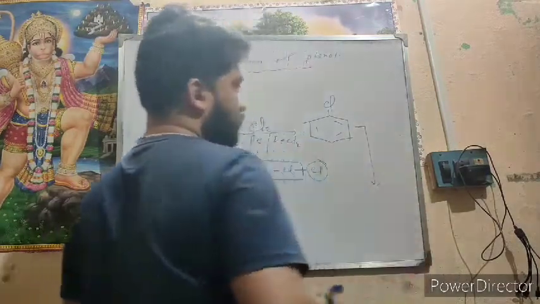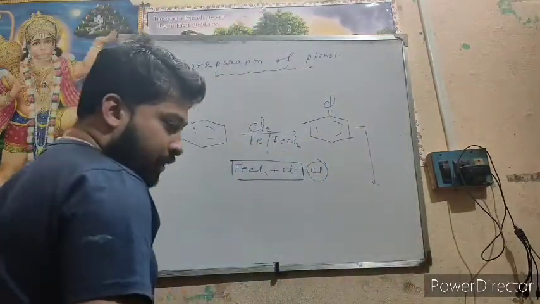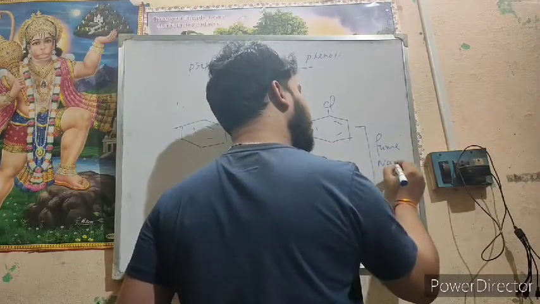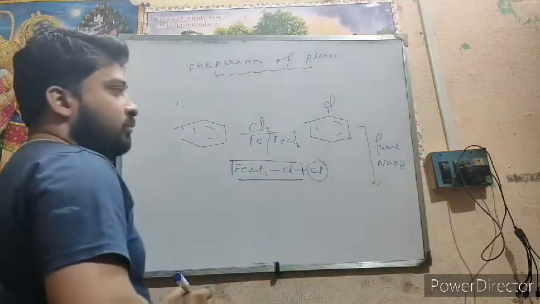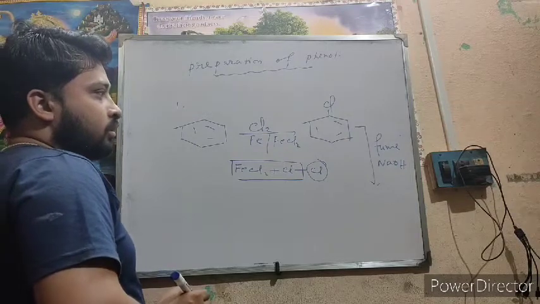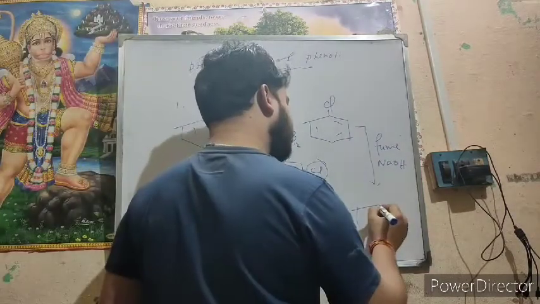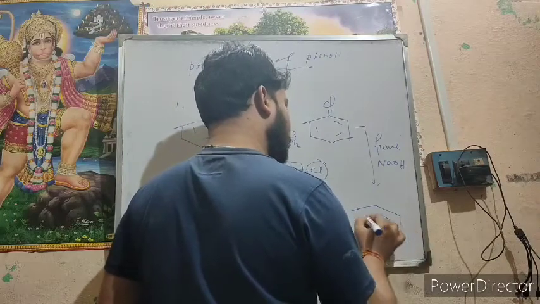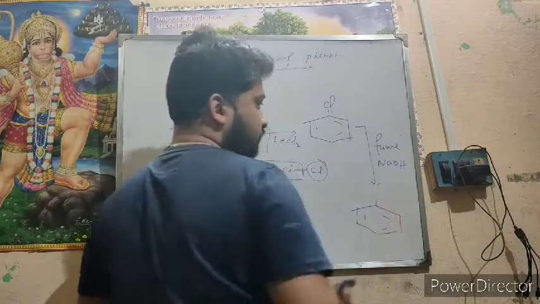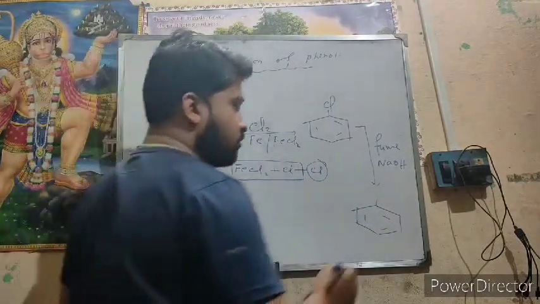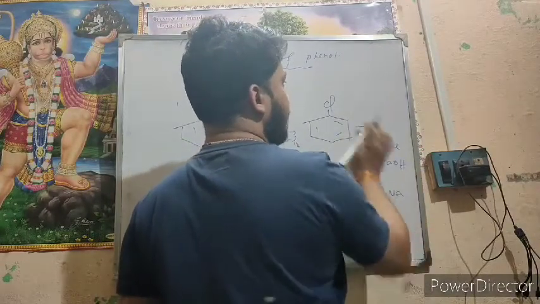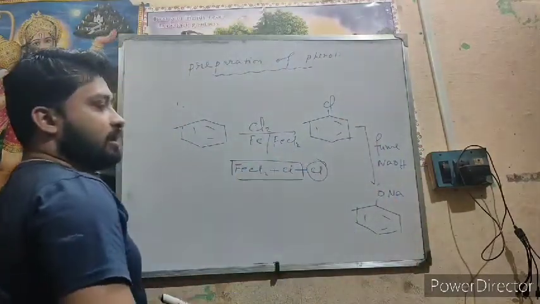And when you react it with fused NaOH, you get ONa, because HCl is removed from here.